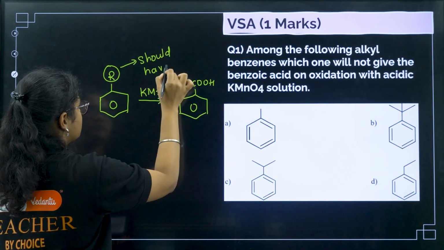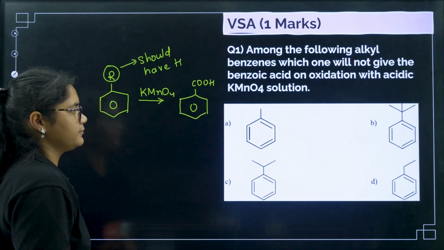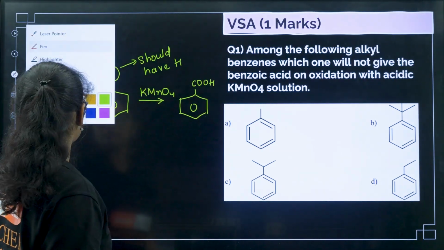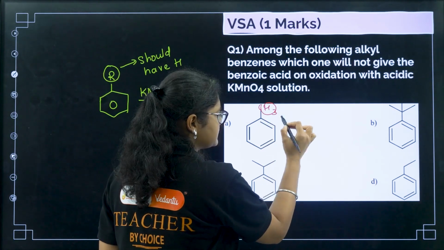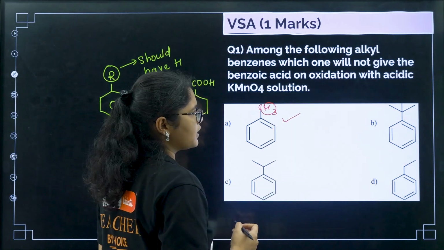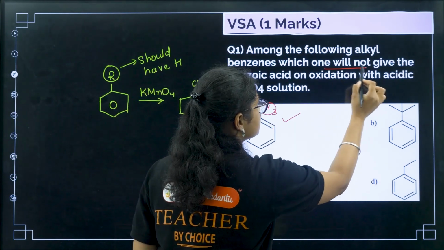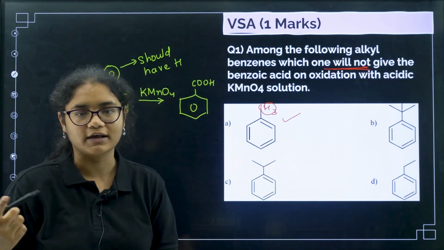Now if you see the options given here, in CH3 there is an H present, so definitely this will get converted to carboxylic acid. But the question asks which one will not give, meaning which will not convert.